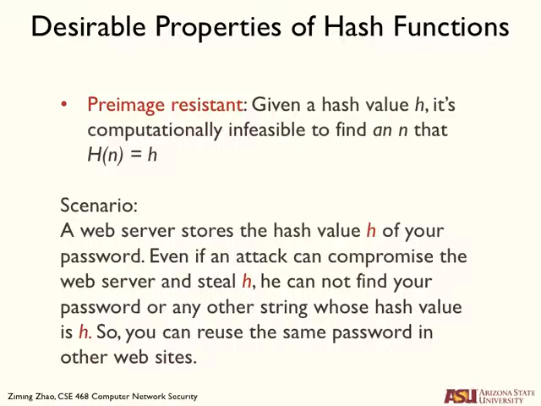So even if an attacker can compromise ASU's website and steal the hash value of your password, there is no way for him to find your original password, or any other password that has the same hash value as your password.